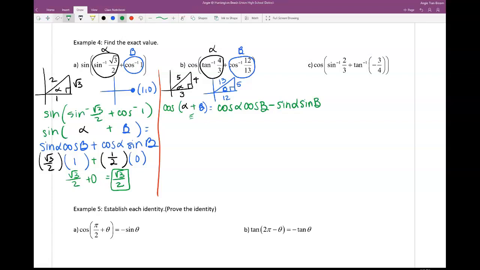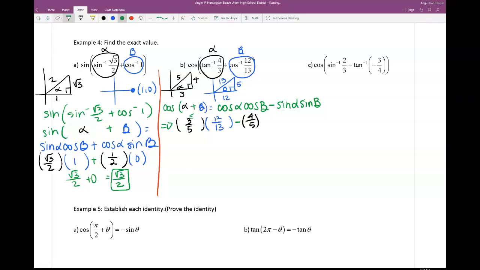All right, now we will just go and look at the triangle. Cosine of alpha, alpha is coming from the black triangle, so cosine is 3/5, okay? Cosine of beta, beta is coming from a blue triangle, so I'm going to use blue ink. Cosine is 12/13. Then I'm going to have a subtraction sign in the middle. Sine from alpha, alpha is going to come from a black one, so I'm going to use black ink.